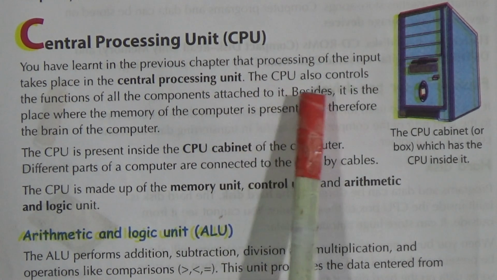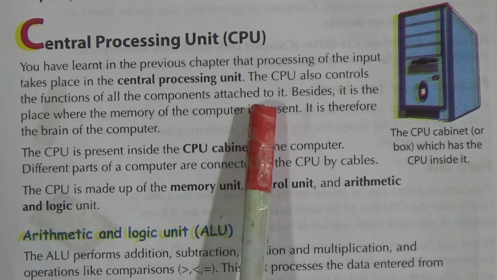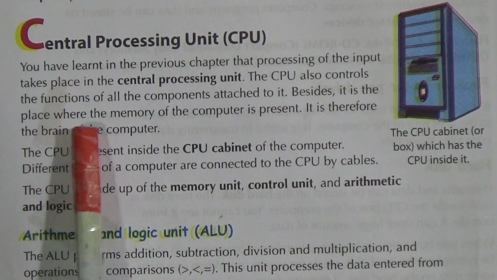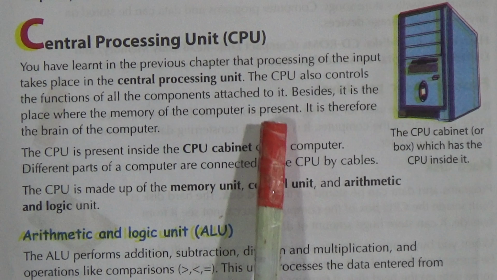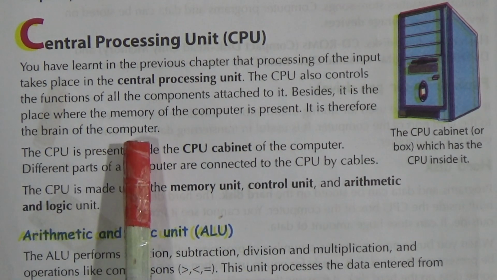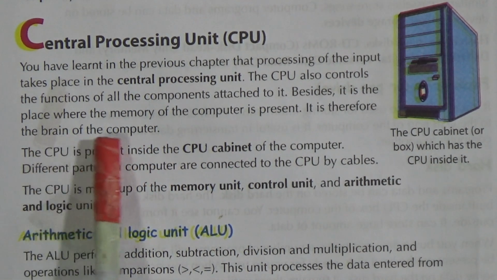The CPU also controls the functions of all the components attached to it. Besides, it is the place where the memory of the computer is present. It is therefore the brain of the computer. So the CPU is called the brain of the computer.